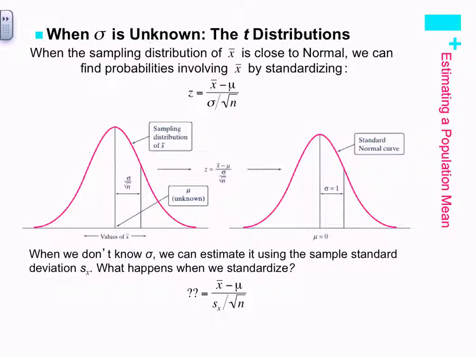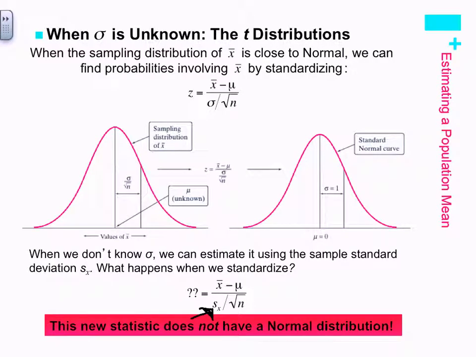So what happens when we don't know our standard deviation? What happens is that we end up with a different formula where we have to use our standard deviation of our sample. Now, this may seem like it's a minor thing. Of course, with proportions, it didn't really affect us, but with the means, it does, because what ends up happening is that our new statistic does not have a normal distribution.